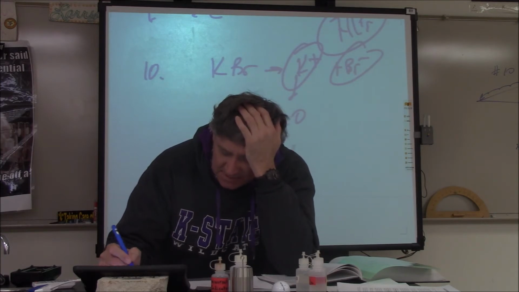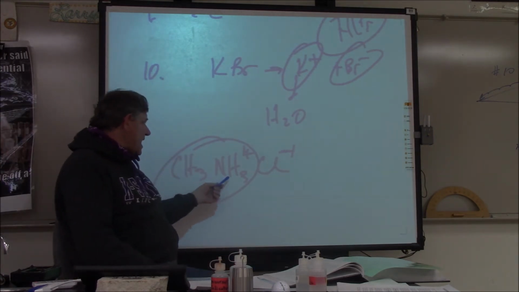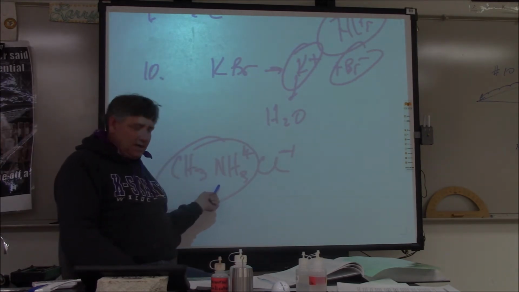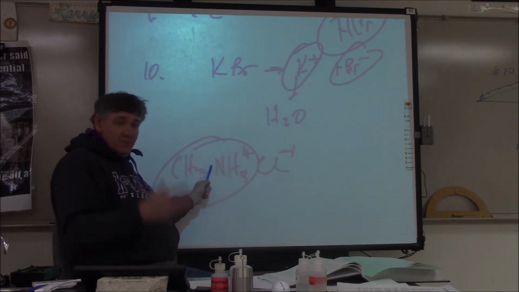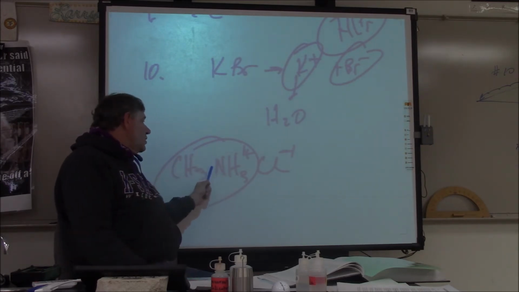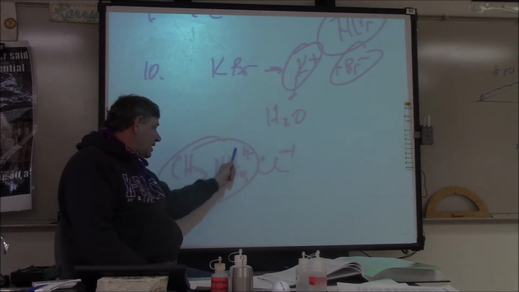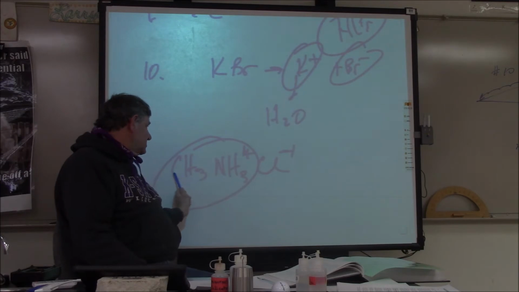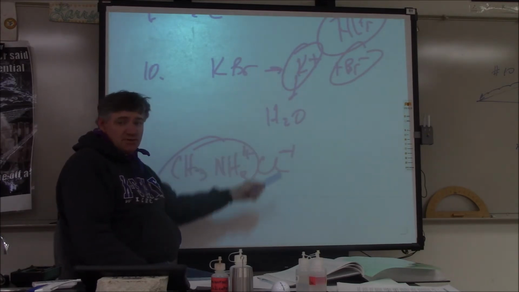The chloride has a charge of 1 minus. So this has the capacity to give up a proton. So this big complex ion here will, if you dissolve this stuff, give up a proton to a water. You would drop this charge to being neutral, so this would be a CH3NH2. It would give up the proton to the water.